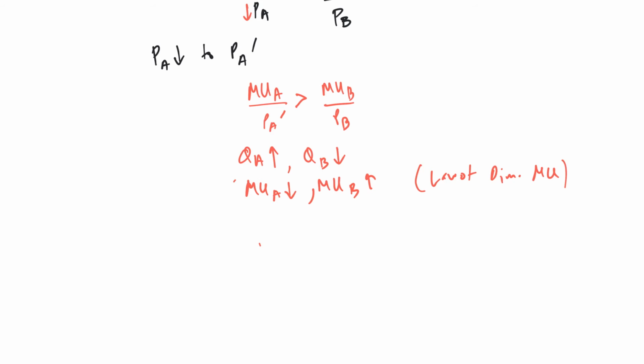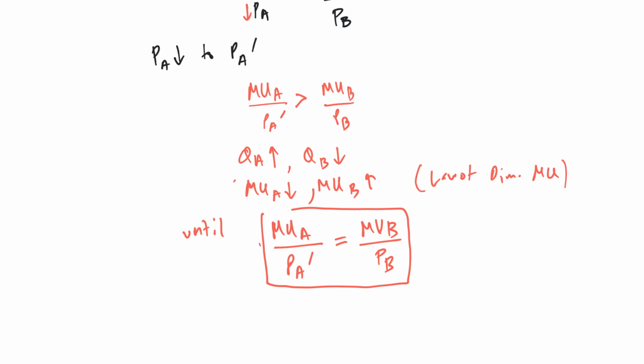But we keep on buying more of apples and less of bananas until MU of A over price of A dash becomes equal to MU of B over price of B. So till we come to this equi-marginal principle, I'm buying more of A and less of B.